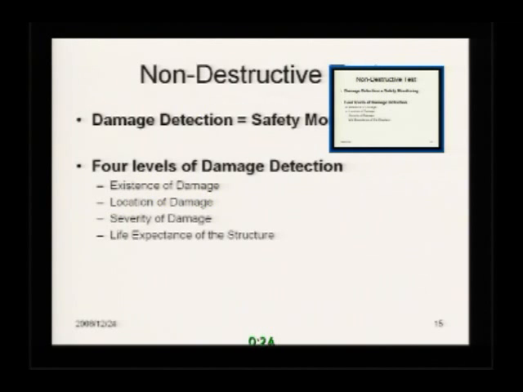Most of the time, to do this, you need a very sophisticated model to predict the life expectancy of the bridge. So there are 4 levels. If we can do the top 3, I think we have fulfilled our duty for bridge safety detection.